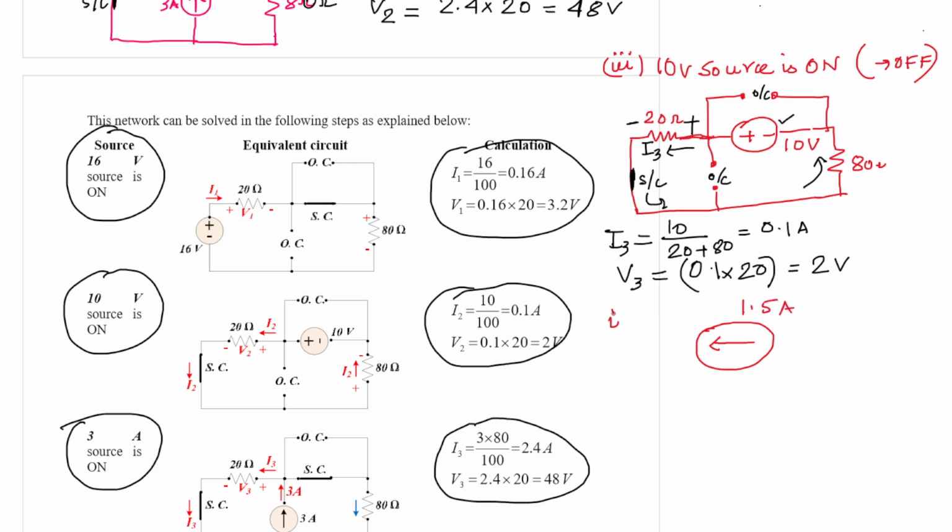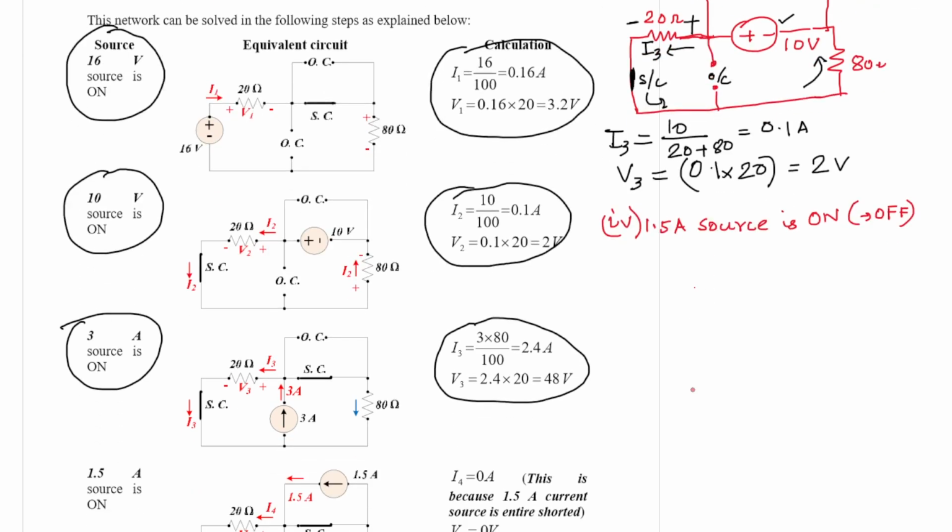So this is the fourth case, when this 1.5 ampere source, our remaining final source, is on, and the remaining sources are off. So the equivalent circuit is like this. We have a 1.5 ampere current source.